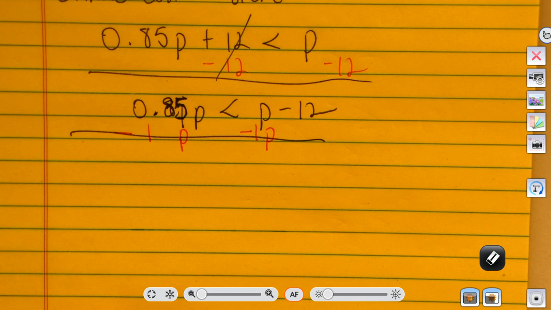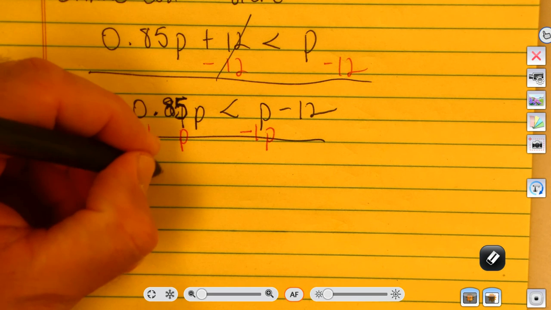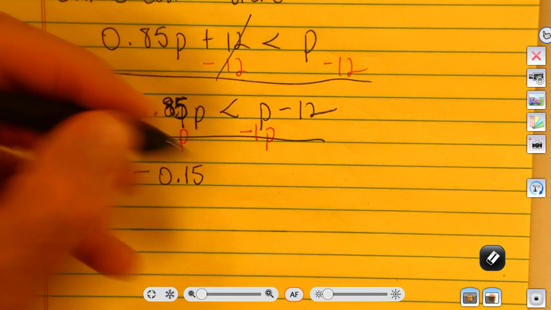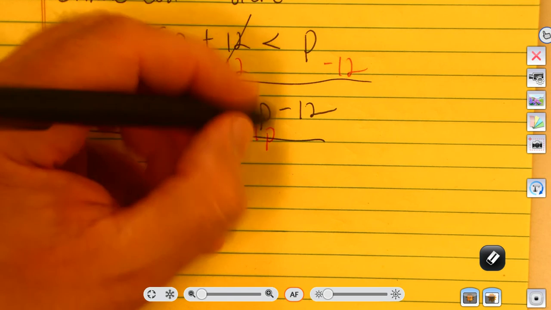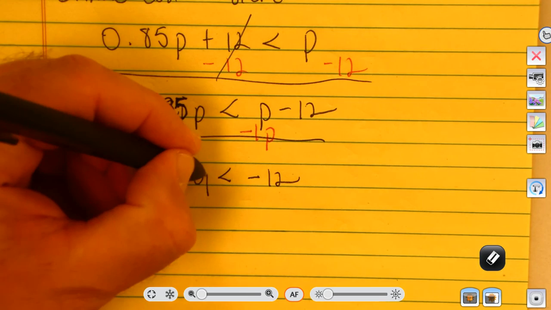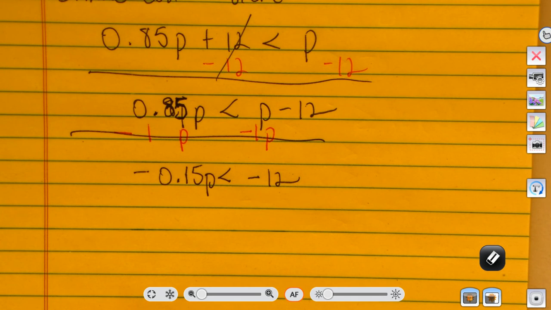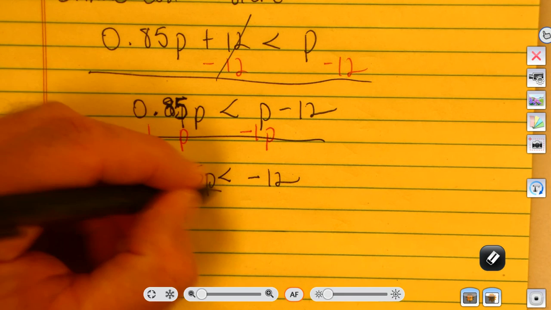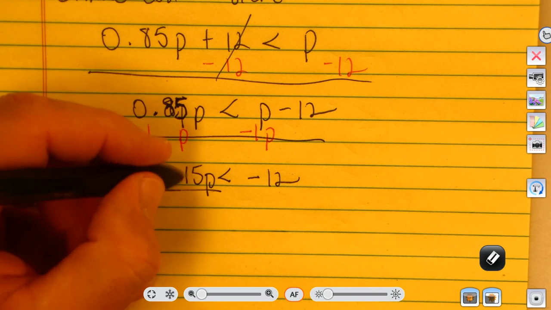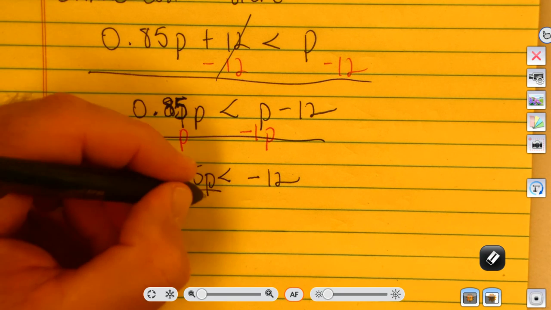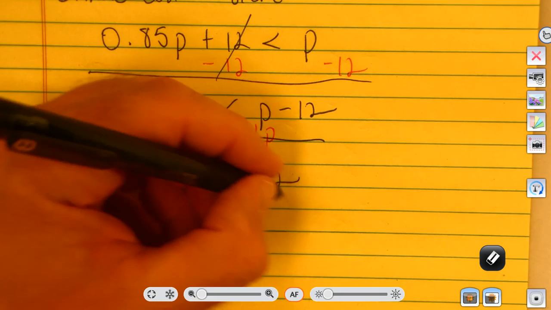If I say 0.85 minus 1, then I'm left with a negative 0.15P is less than negative 12. Then my next step is to divide both sides by negative 0.15.